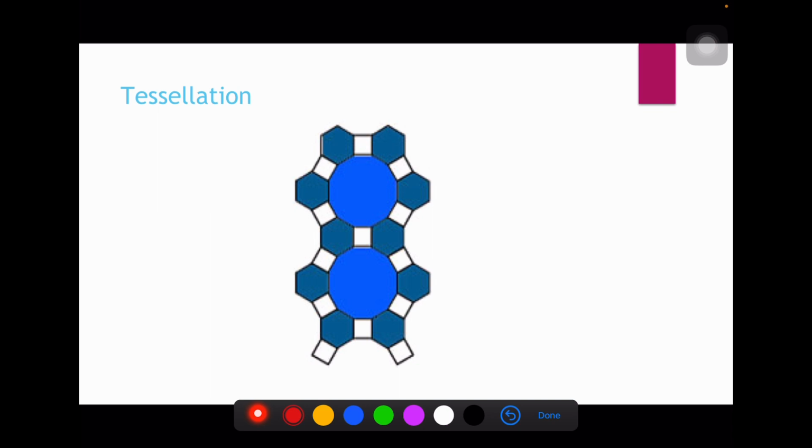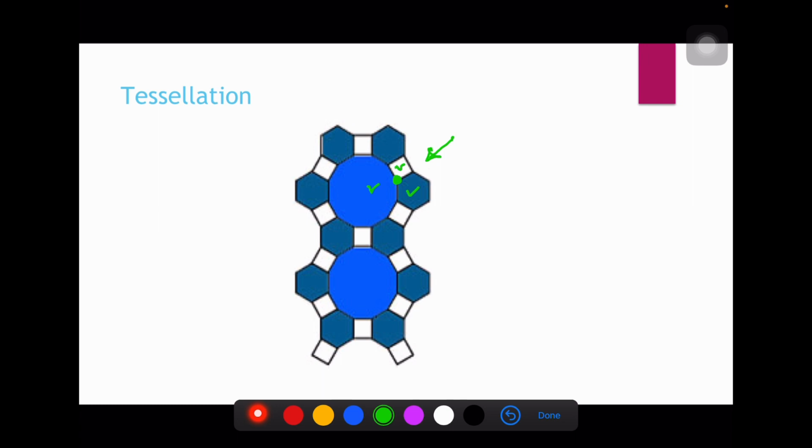Next, this is where we need to find the vertex. Let's say that this is the vertex over here. You can see the green color. So we have 1 square with 4 sides, another one with 6 sides, and another one with 12. 1, 2, 3, 4, 5, 6, 7, 8, 9, 10, 11, 12.